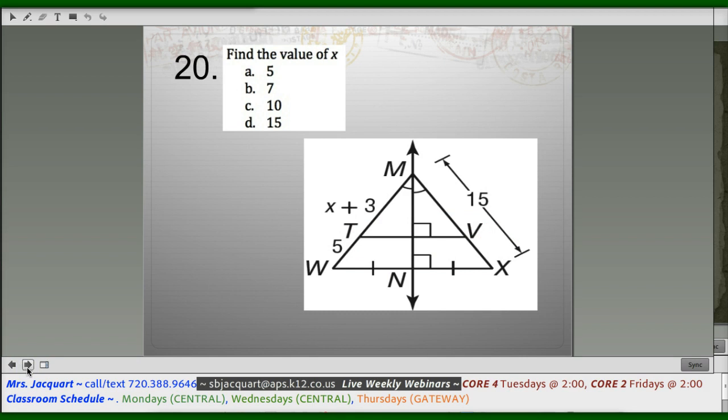So let's look at this. If this is 15, we know that this will also be 15. So we're going to take the parts. X plus 3 plus 5. Subtract 8 from both sides.